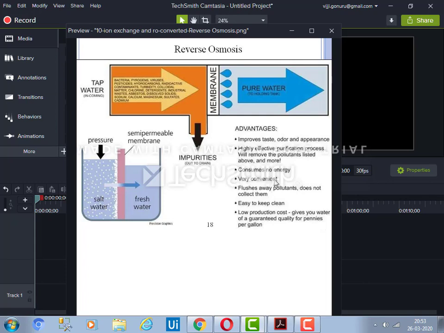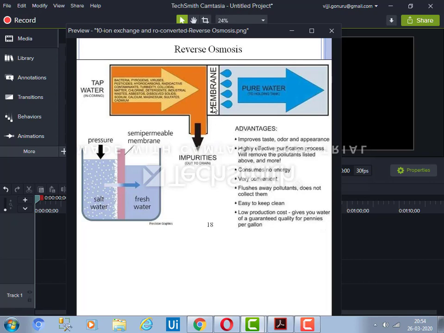It is very convenient, especially for domestic purposes. It flushes away pollutants and does not collect them. It flushes the impurities through this outlet, so no impurities enter the pure water. It is easy to keep clean because the membrane is removable. We can remove the membrane, wash it, and replace it again.